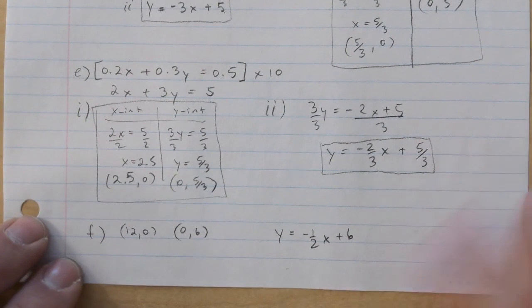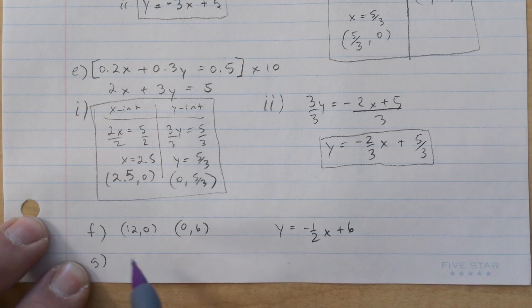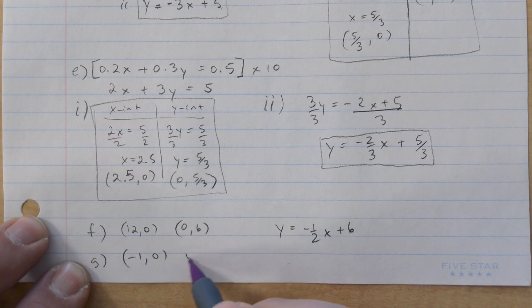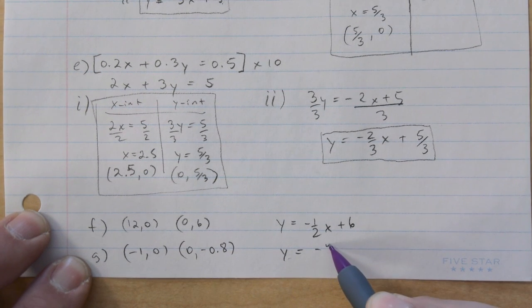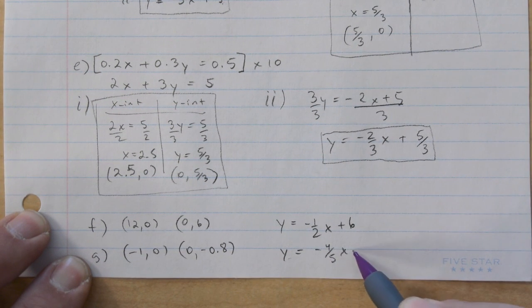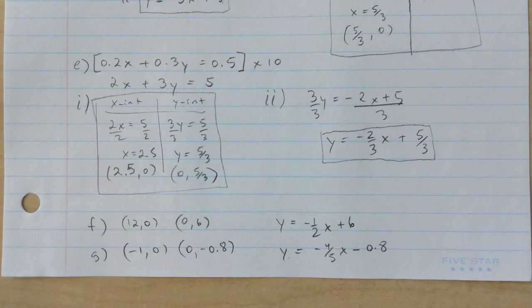Okay, that's for F. For G, it's negative 1, 0, and it's 0, negative 0.8. And the rewritten is this. So there, that's your homework to get that going.